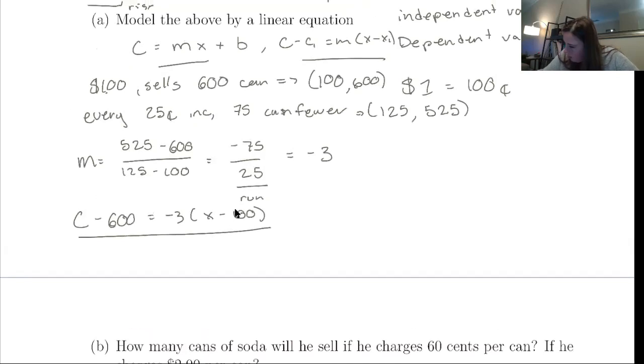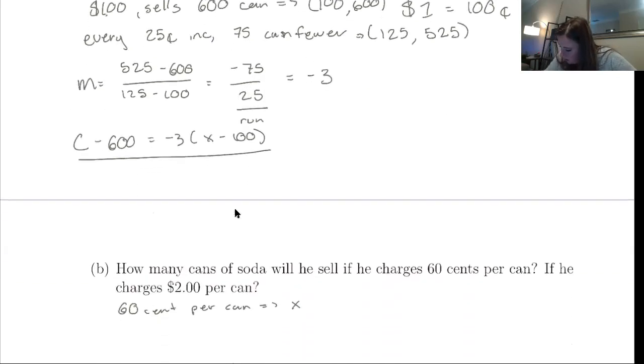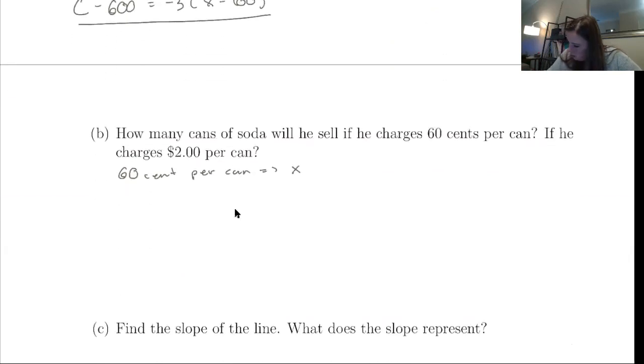Remember, we made our price X and our number of cans sold C. So how many cans means we're looking for C. So we have C minus 600 equal to minus 3 times X minus 100, and in this case, X is 60, right?